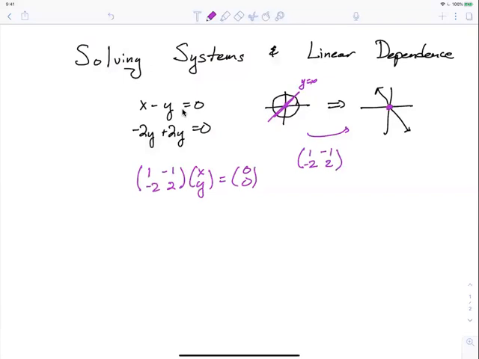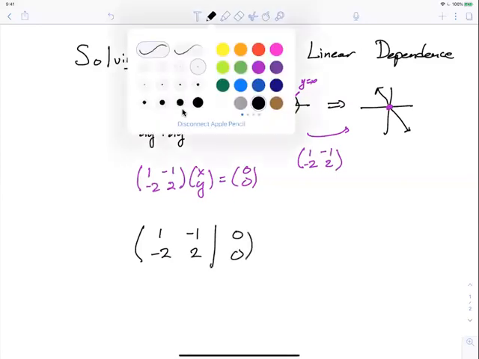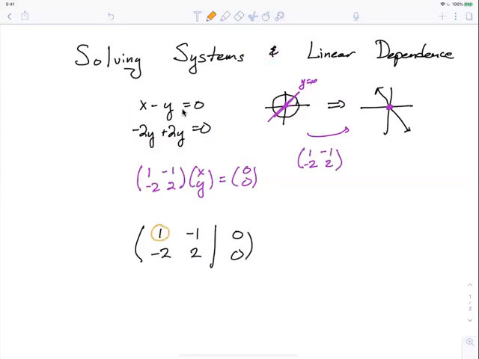So what we want to focus on is solving these systems in a specific algebraic way. All right, so to solve this, what are we going to do? We're going to put this in the augmented form. And we're just going to continue like we do. We're going to identify the pivot. There's the pivot. All right. And now we want to zero that guy out.